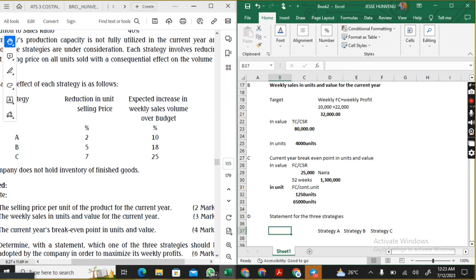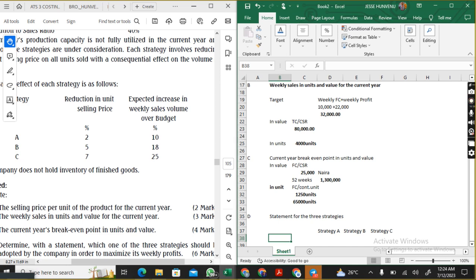So now for A, we have gotten the sales per unit for all strategies at first. They now decided to have some strategy, to consider which one to use.